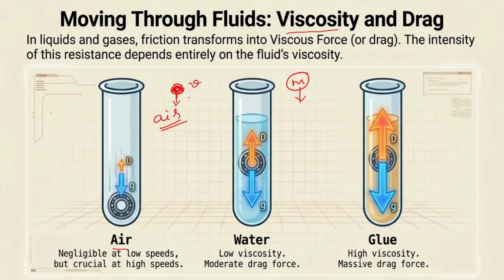If the speed is low, the drag will be negligible. Drag is proportional to v. If the velocity of the particle moving through the air is high, the drag will be high. So drag is negligible at low speeds but crucial at high speeds.